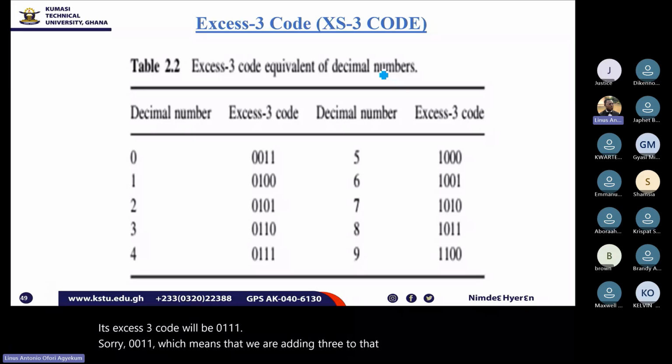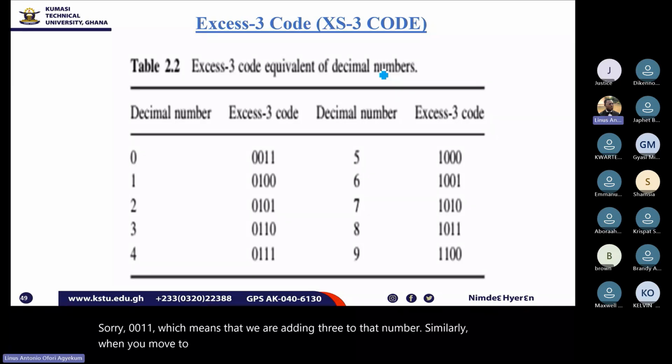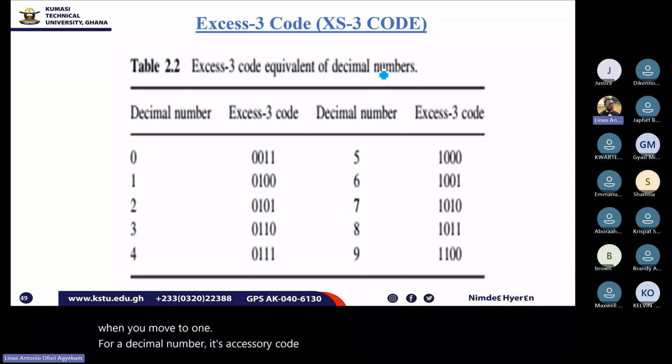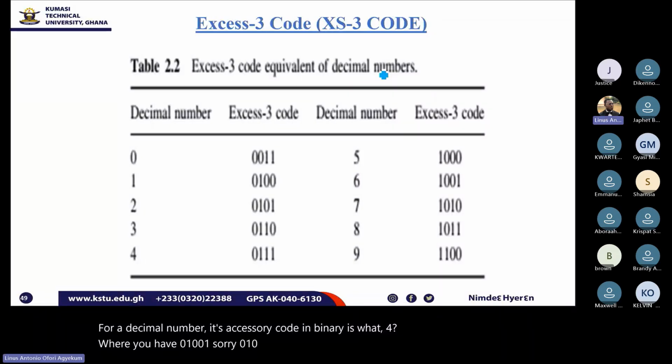Similarly, when you move to 1 for a decimal number, its XS3 code in binary is 0100, as 1 plus 3 is 4. Then similarly for 2, you have 2 plus 3, which will give you 5.